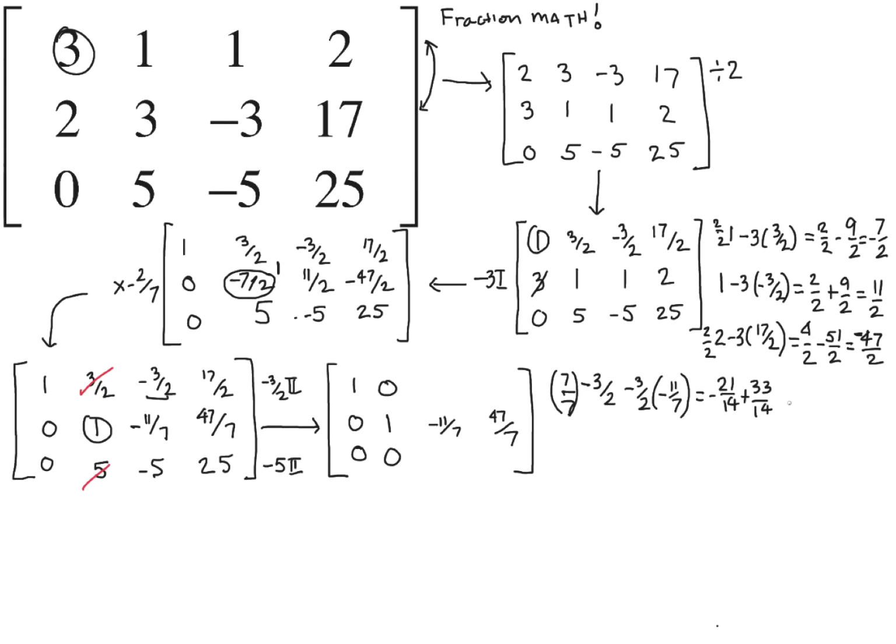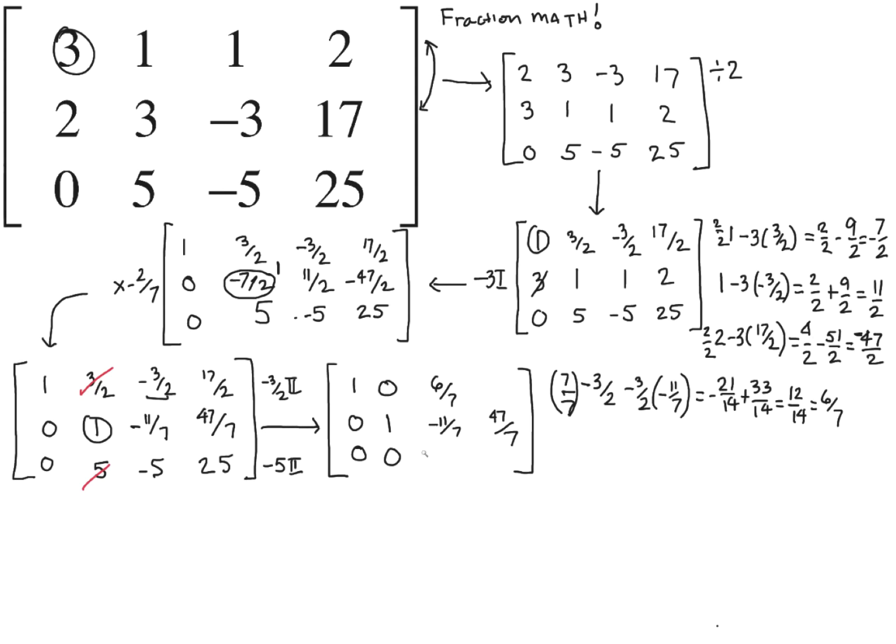And you should notice that this is 12 over 14. Which of course is 6 over 7. So this is 6 over 7.